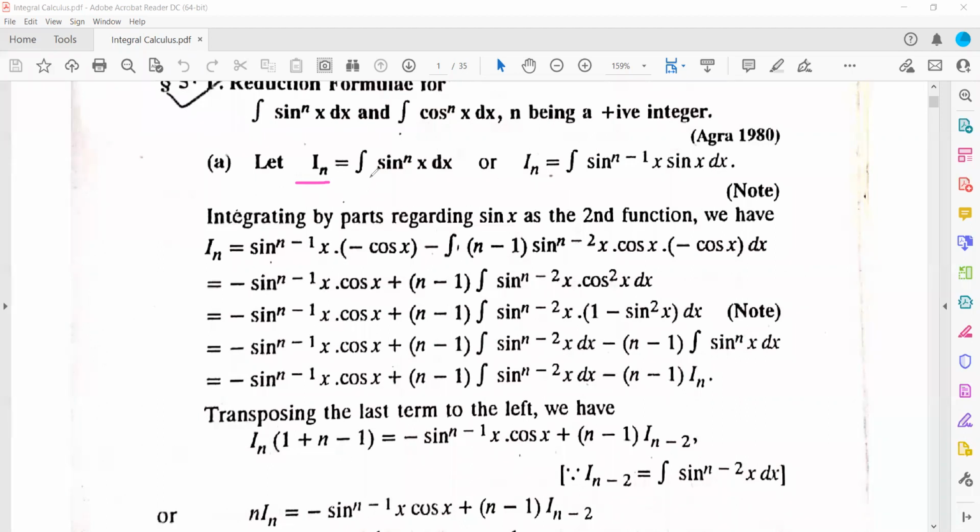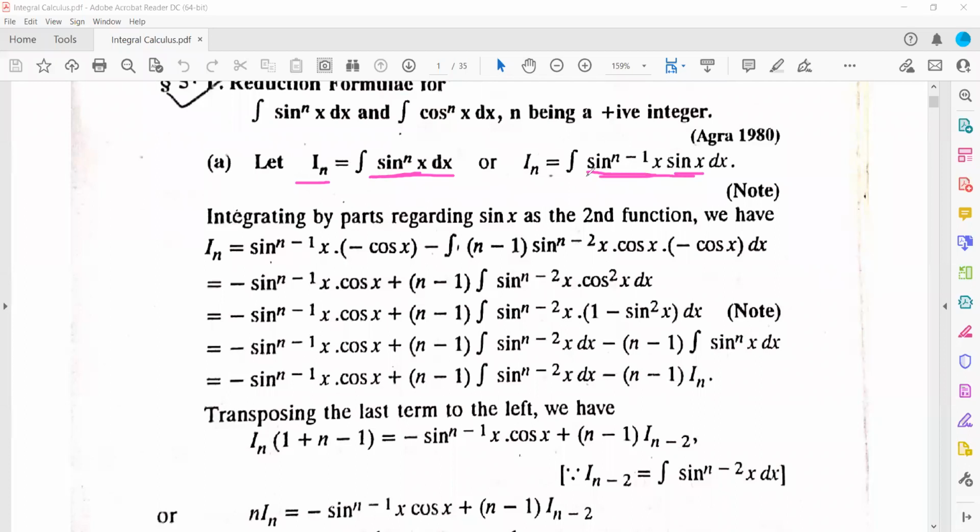Now this sin to the power n x dx, I write as sin to the power n minus 1 x into sin x. If you multiply these, you get sin to the power n x, because the base is the same, so the powers are added: n minus 1 plus 1 is n. So it can be written like this also. Is that clear?